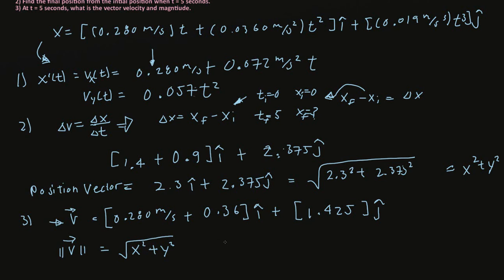All we have to do is take the arctangent of y over x, which will give me the angle of the direction of the velocity vector.